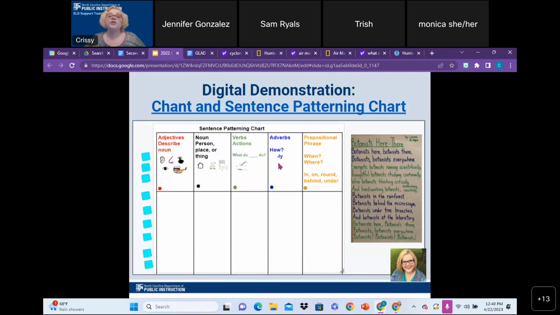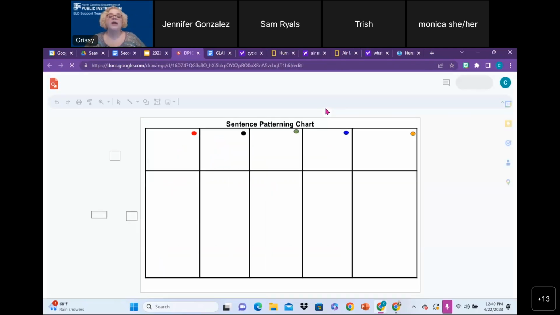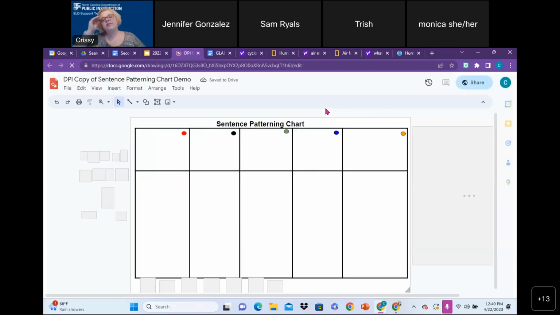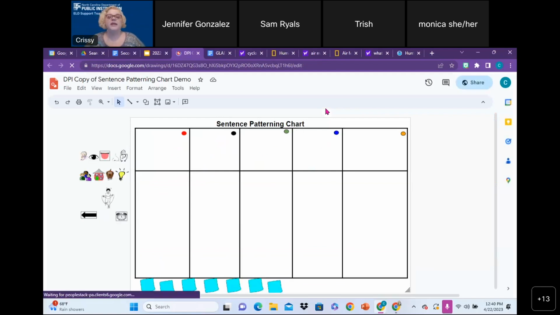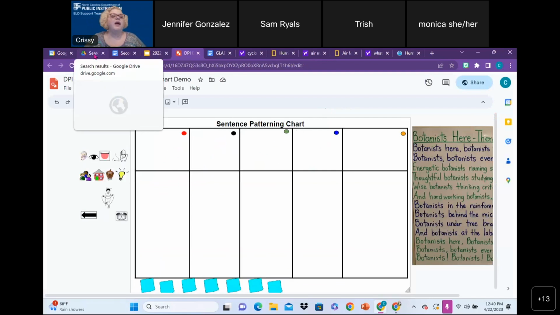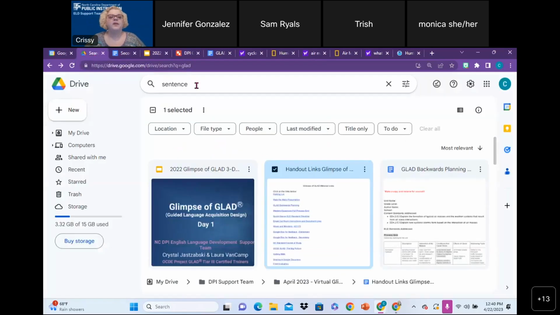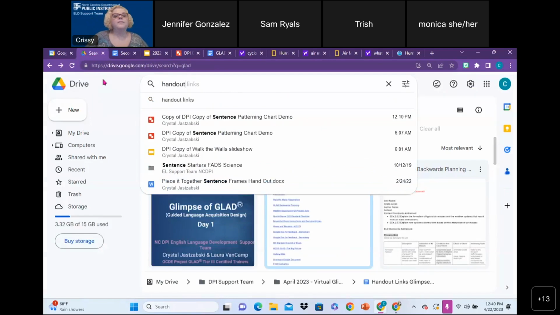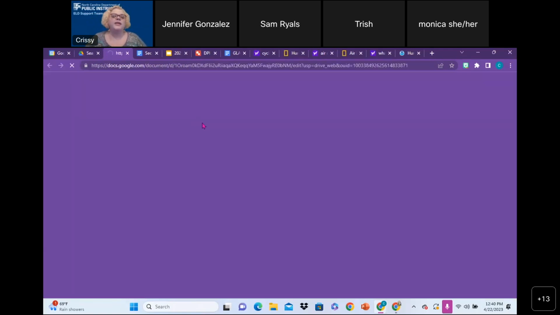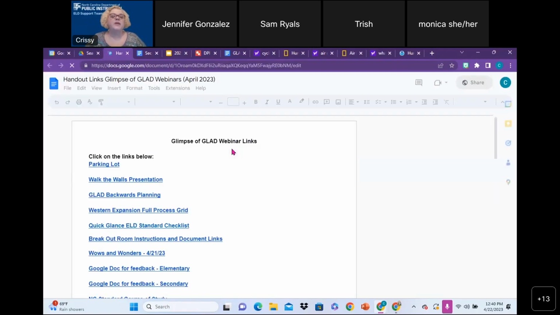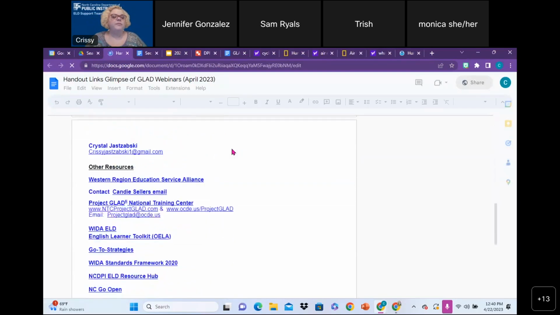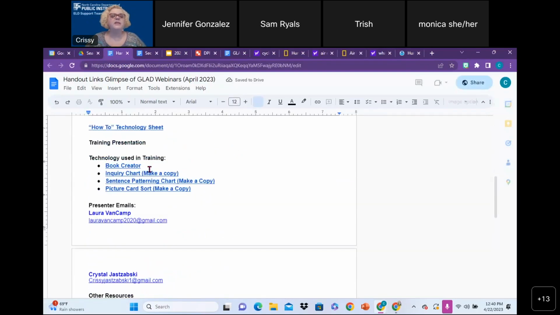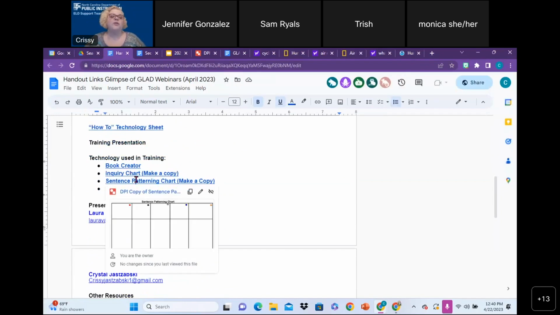This is what I'm going to use, the digital version. This is what the digital version looks like. I have adjusted it just a little bit. You have a copy linked on your handout sheet. On your handout links document, at the very bottom, you will see technology used in training, and you'll see sentence patterning chart, make a copy.